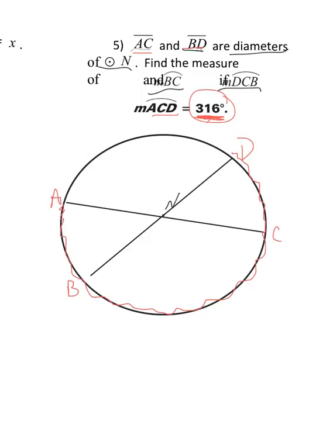Well, I know that these two arcs are congruent, and obviously the other two arcs are congruent. The other piece I know is that this right here is a semicircle, being that that's a diameter, and then obviously the other side would be a semicircle, or I could focus on the other diameter.